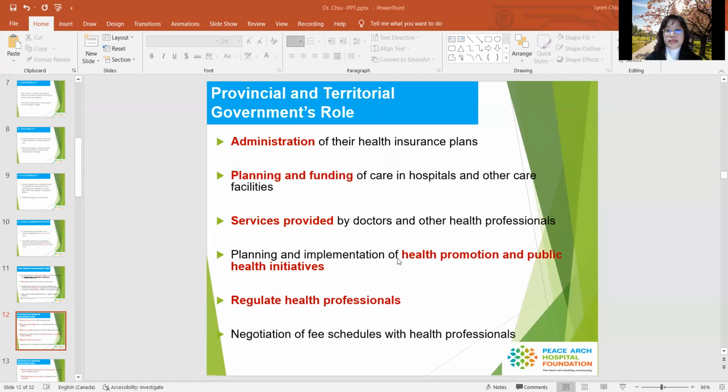They plan and implement health promotions and public health initiatives. They also regulate health professionals. So health products are regulated by the federal government, and health professionals are regulated by the provincial government. They also negotiate fee schedules with health professionals.